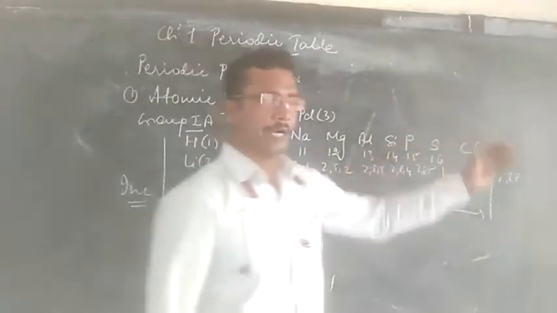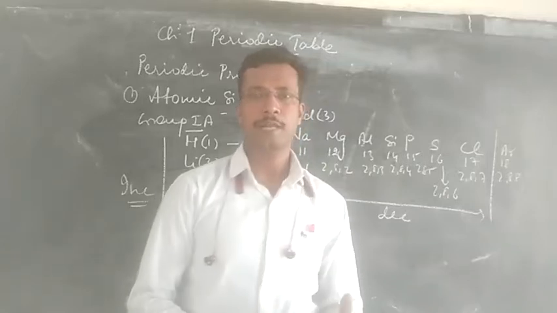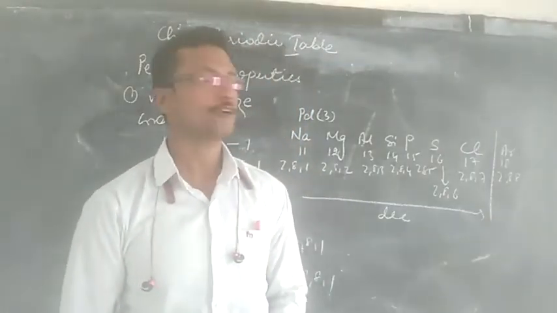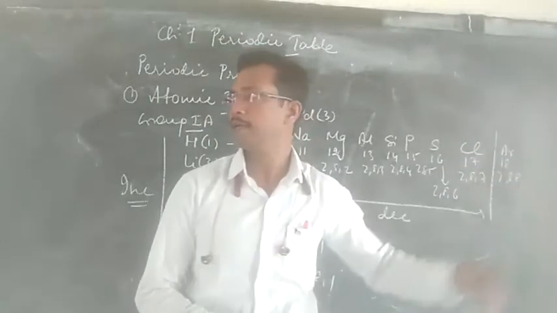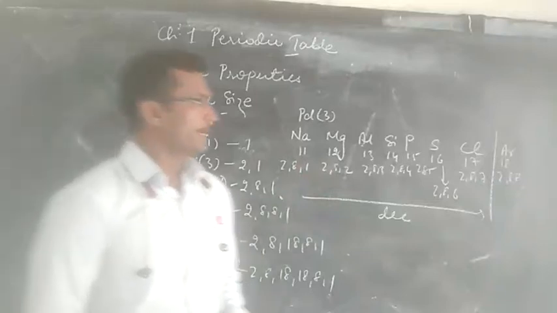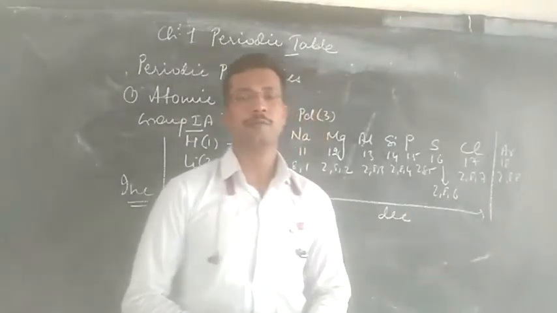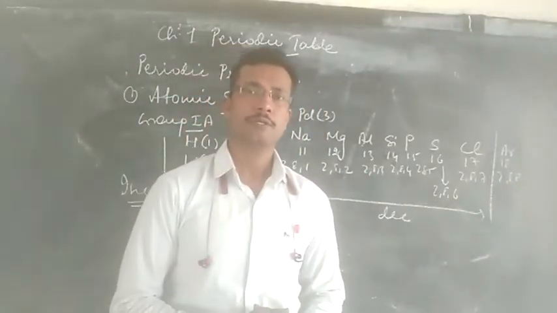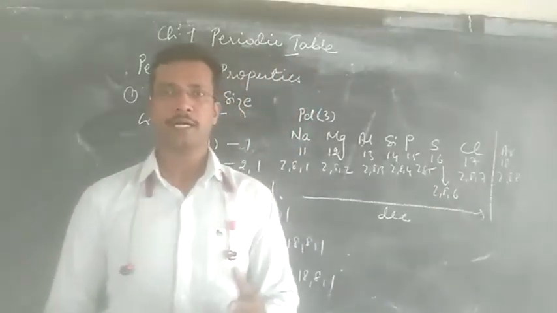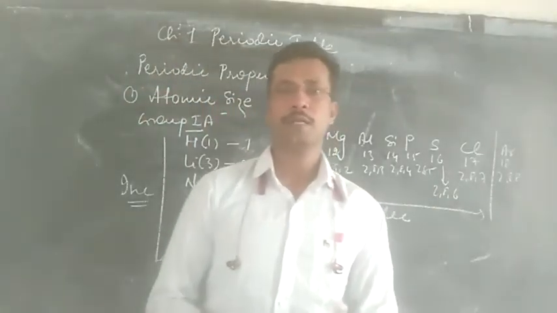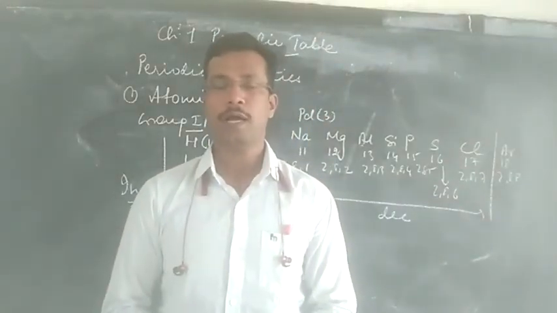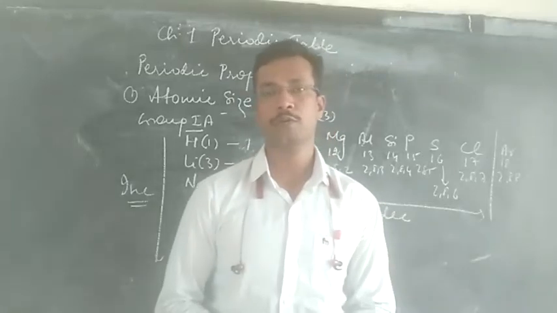But when we talk about argon, an element of group 8A, it has been found that the atomic size of argon is more than chlorine. You can see argon's atomic size becomes slightly more than that of chlorine. There is a reason behind that. Argon is completely filled, that is, the valence shell contains 8 electrons, the maximum number of electrons.